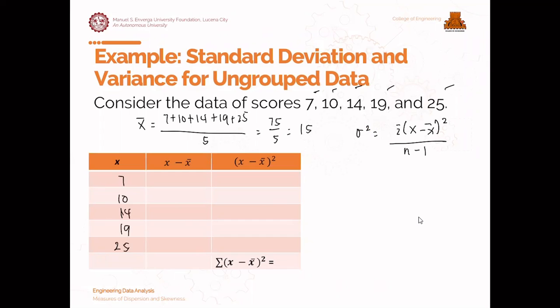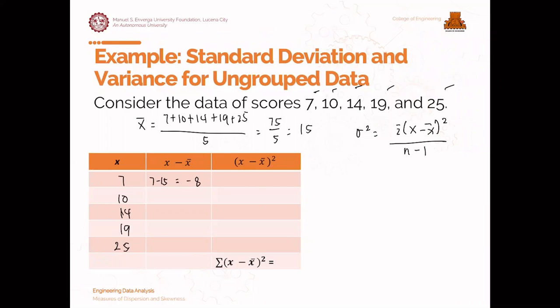Okay? Then, we just perform the operations involved in each column. So, our second column is x minus bar x. Meaning, our data minus our mean. So, in the first one, it becomes 7 minus 15, which equals negative 8.